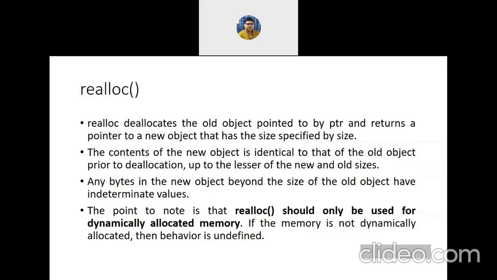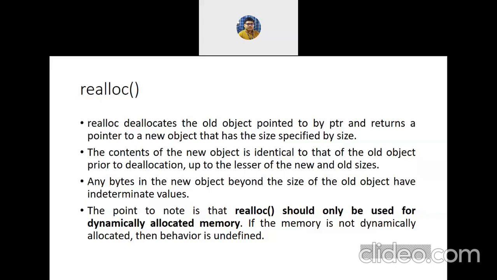So how many elements are beyond the size of the old object? 2, because I had already allocated memory using the malloc function for 5 integers, and now I have allocated 7 integers using the realloc function. So 2 elements are beyond the size of the old object, and they hold indeterminate values. That means garbage values. Initially, the newly allocated memory space contains garbage values.